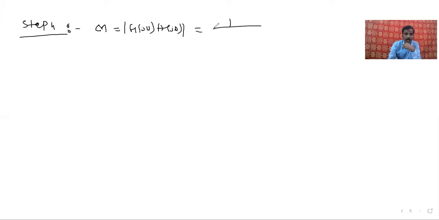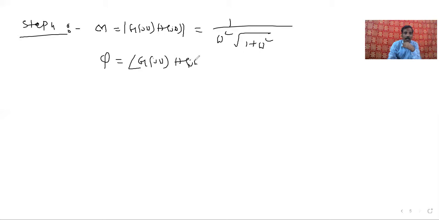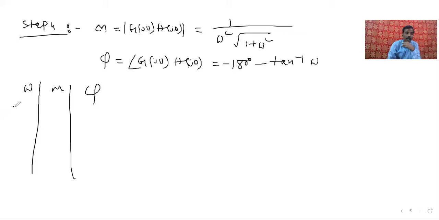This is very important: 1 by omega square root of (1 plus omega square), and phase angle phi, angle of G(j omega)H(j omega), equals minus 180 degree minus tan inverse B by A. Then calculate omega, M and phi.